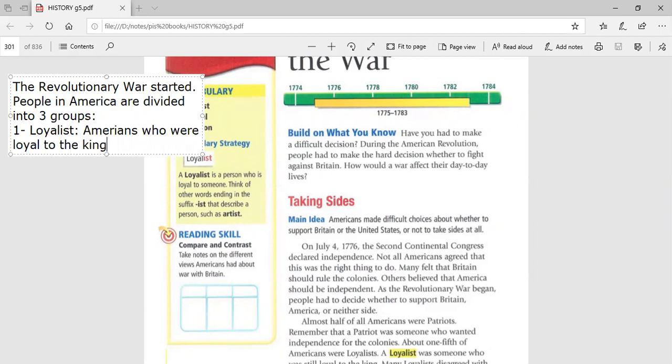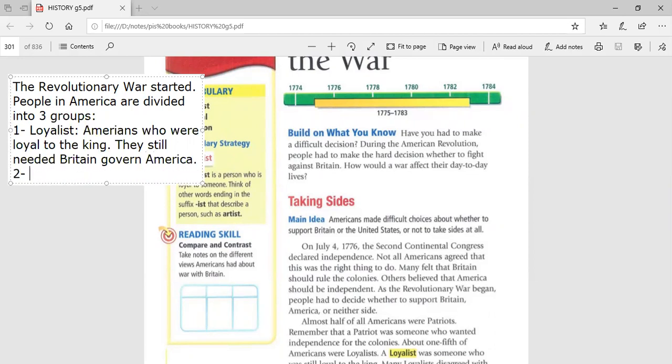They still needed the British government, they still needed Britain to govern America. This is the first group.